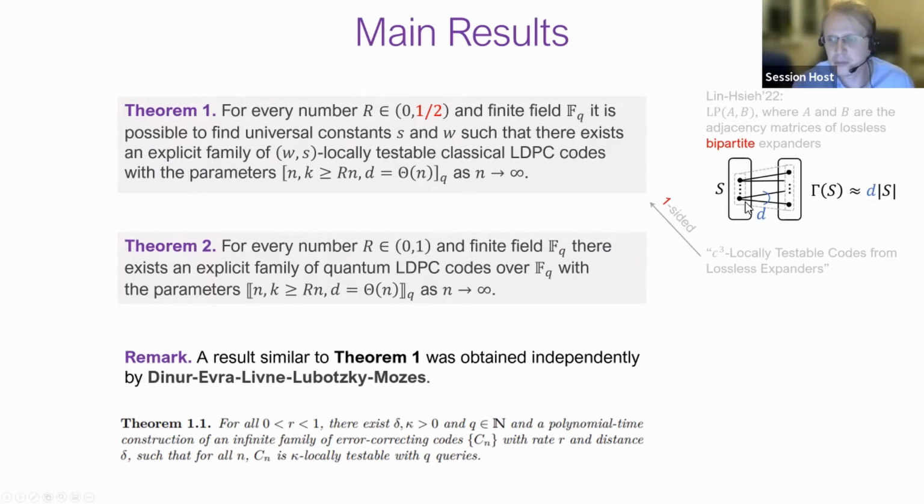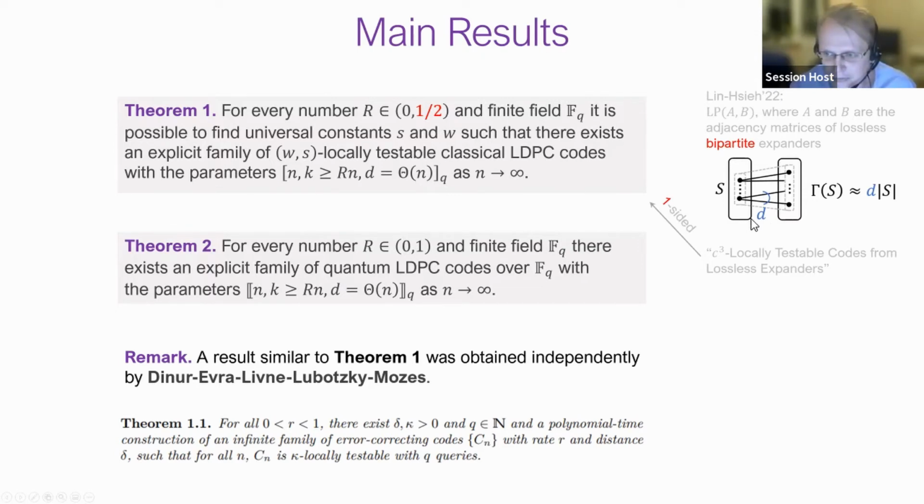And of course, the maximum possible value is D multiplied by the size of S. This is what is called a lossless expander, and it can be one-sided if you have this property only from left to right, and it can also be two-sided if you have this property from left to right and from right to left.